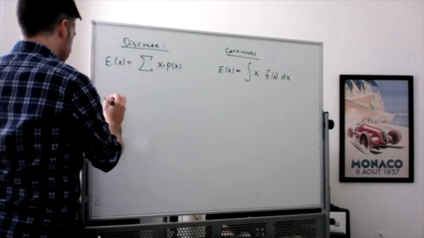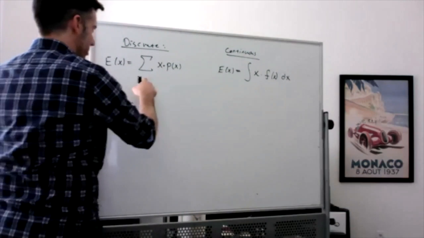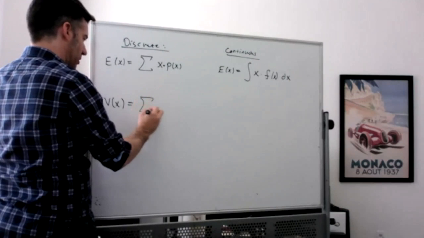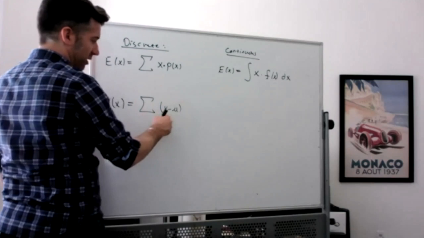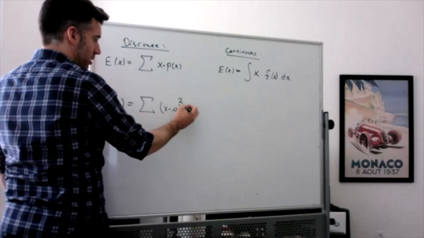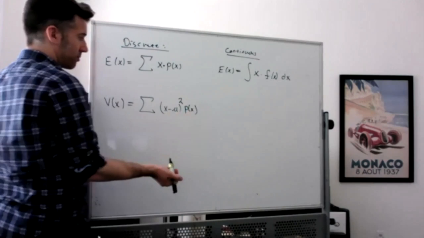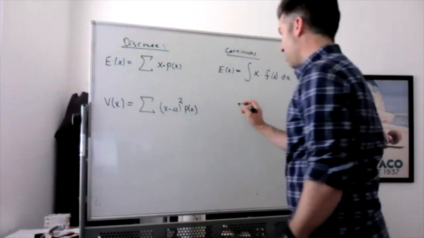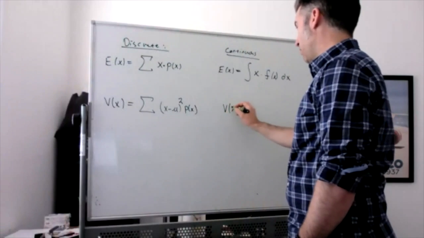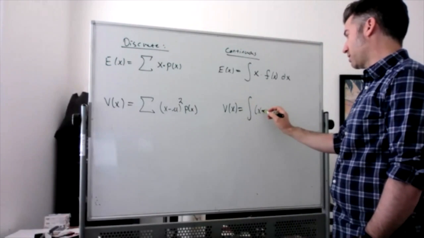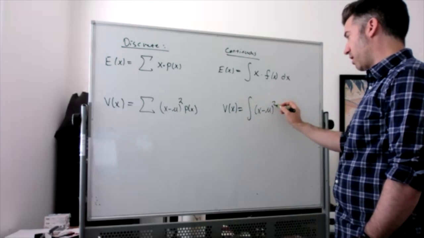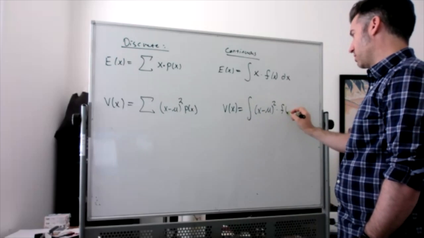For the variance, in the discrete version, we're adding up all of the differences between the x values and the mean, squared, times their probability. Here it's going to be the same idea. The variance is going to be the sum of all the x's minus the mean, squared, times their probabilities.